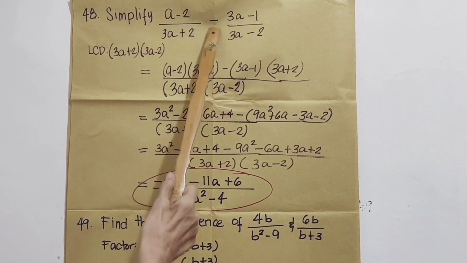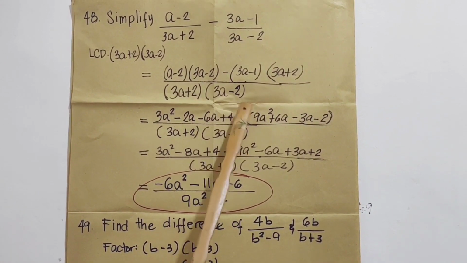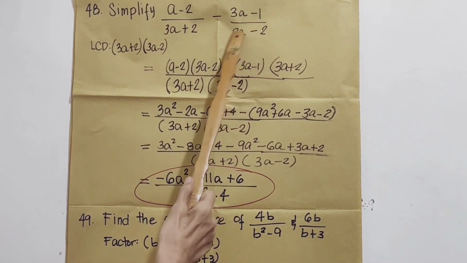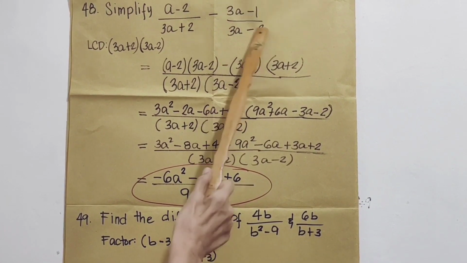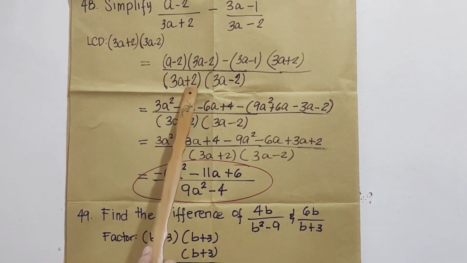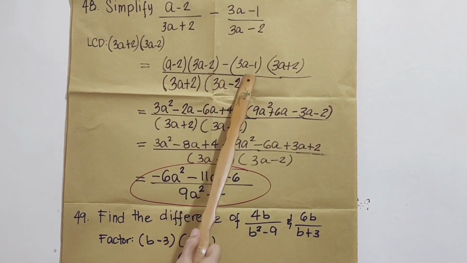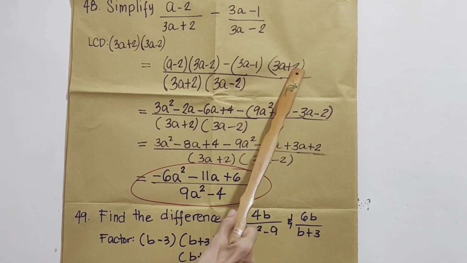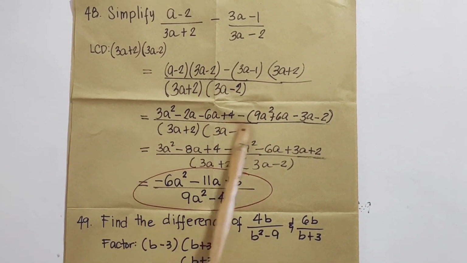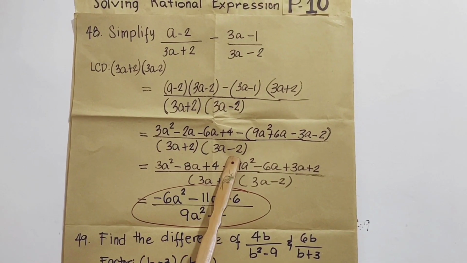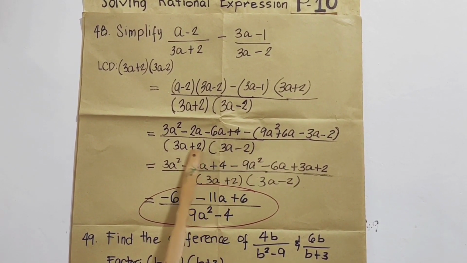Then since it is subtraction, we copy the sign first. Then we divide the LCD by this denominator, cancel, and the remaining is 3a plus 2. Then we multiply to the numerator. So that's why we have 3a minus 1 times 3a plus 2. Then draw a line again, then copy the denominator and simplify.